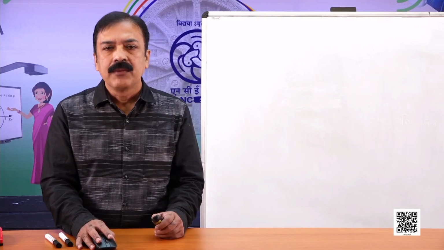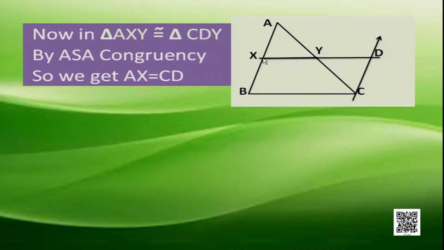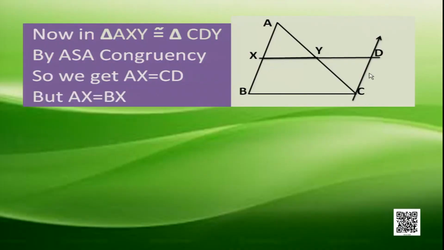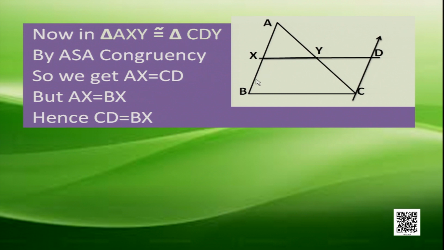And from this we get AX is equal to CD. We know that AX is equal to BX, because X is the midpoint of AB. So, we proved AX equal to CD and AX is equal to BX, so BX is equal to CD.